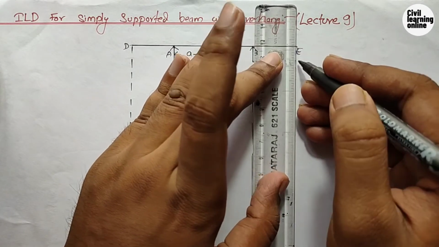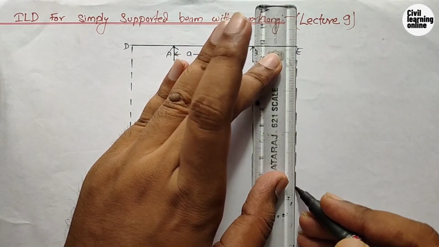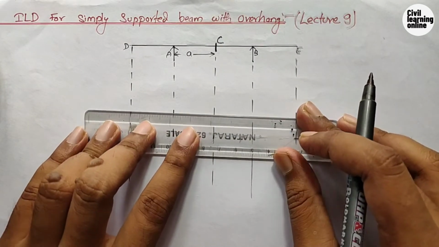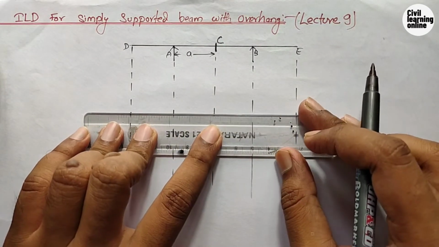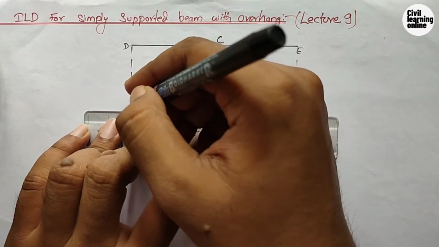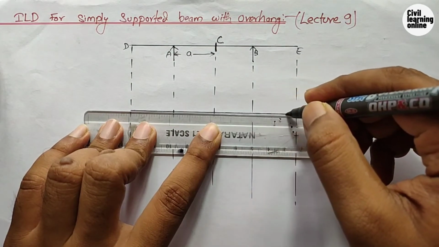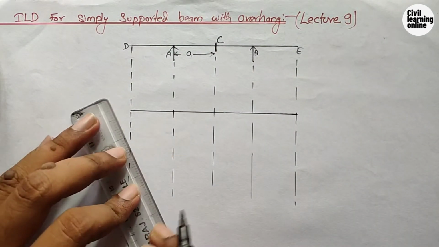Similarly at point E also the parallel line is drawn downward, which is vertical, and after that we will draw the girder on which we will be drawing the triangles, and that will be our influence line diagram for the maximum shear force. So here is the girder DE.